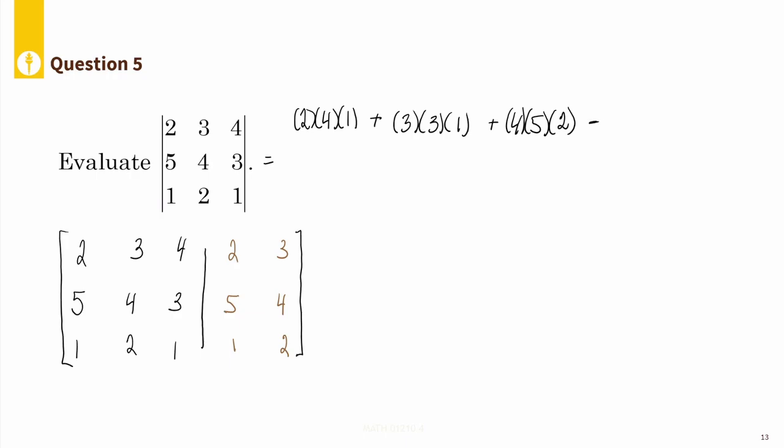Minus, now start in the upper right corner. We're going diagonally to the left, and we're going to do it for 3 columns. Those would be the next 3 terms.